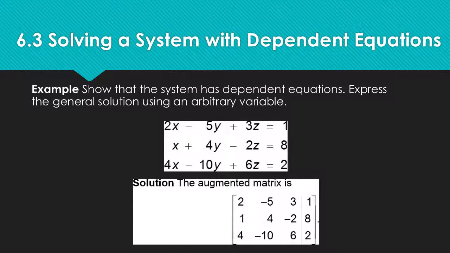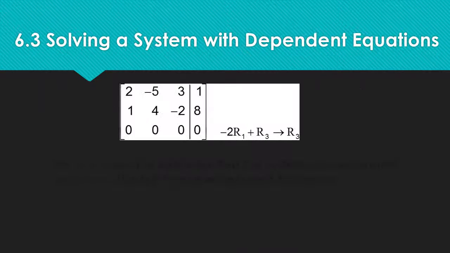Okay, so our augmented matrix is this right here. And we're going to go to the next slide. The first thing they did was they multiplied -2 times row 1 and added row 3. Now, normally we don't jump straight to here, and you may have changed the first row, first column to 1 as normally we would do, and that's fine.